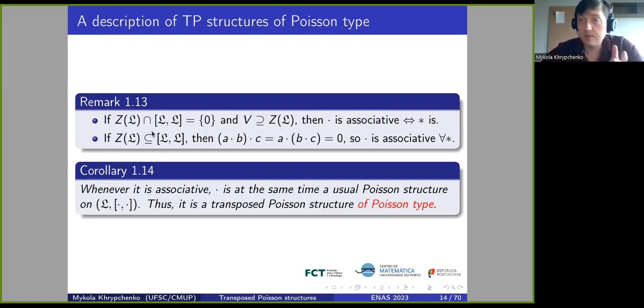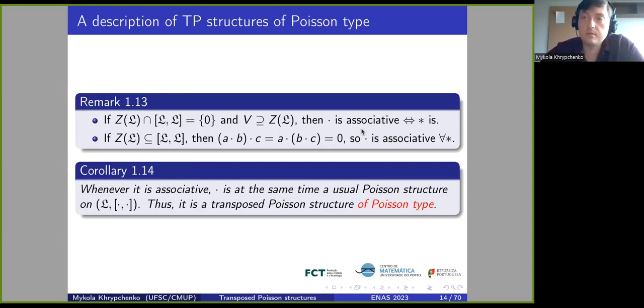Another situation that appears in practice as well is when the center is inside the square. In this case, all the monomials of degree 3 will be automatically 0, so it's not important whether the operation started out associative or not. So any operation will extend to an associative operation on the whole algebra in this case.